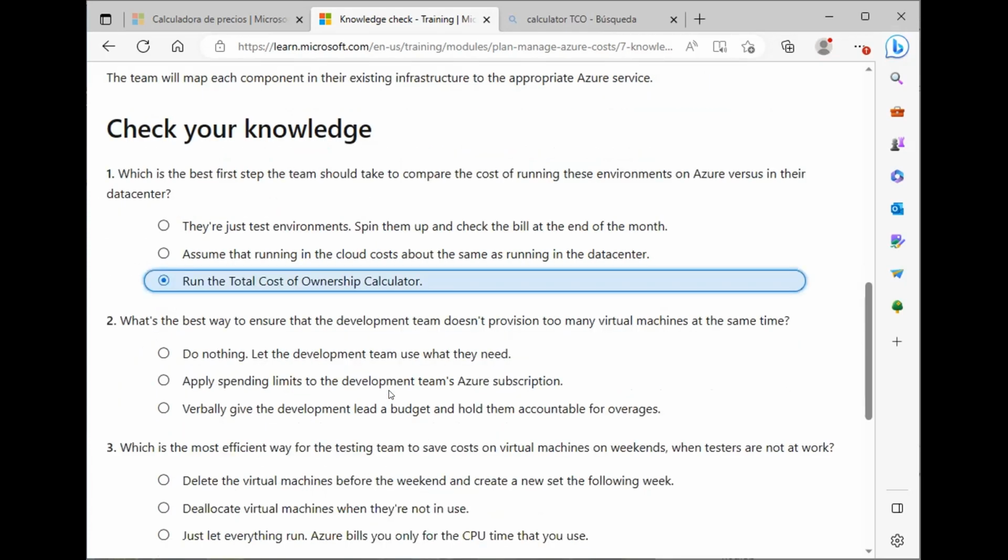What's the best way to ensure that the development team doesn't provision too many virtual machines at the same time? Do not let the development team use what they need. Apply spending limits to the development team's Azure subscription. Verbally give the development team a budget and hold them accountable for overage.